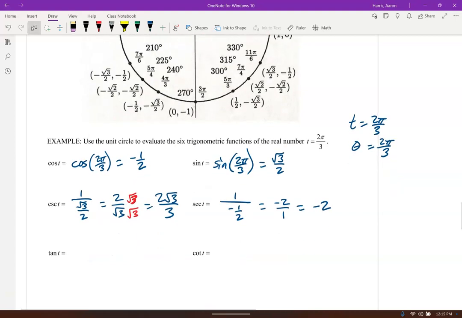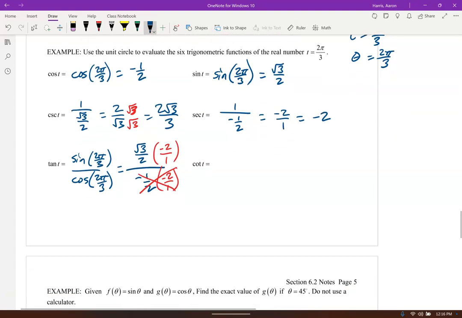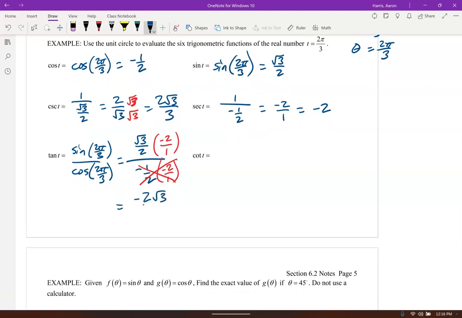The tangent. Remember, the tangent of 2 pi thirds is the sine over the cosine. Well, our sine was √3/2, and our cosine was -1/2. So I just got to simplify that. So multiply by the reciprocal, 2/1, to simplify that. And so it looks like I've got -2√3/2, or -√3. That's our tangent.